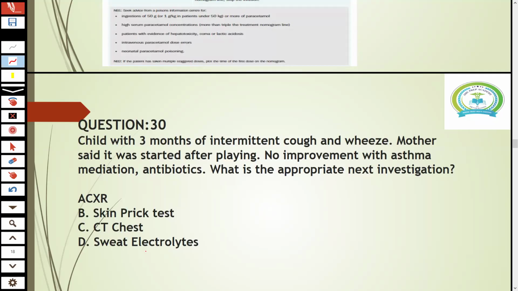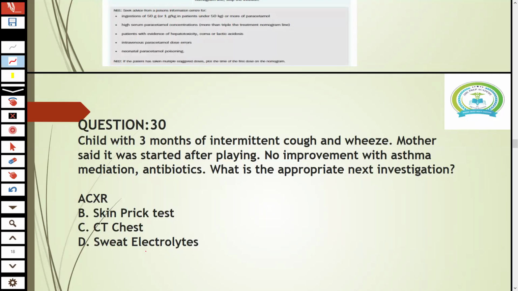Please make it your habit to always make the diagnosis first. Then it would be very easy for you to answer if asked about the investigation or management. If you are sure of your diagnosis, you can easily answer the question.